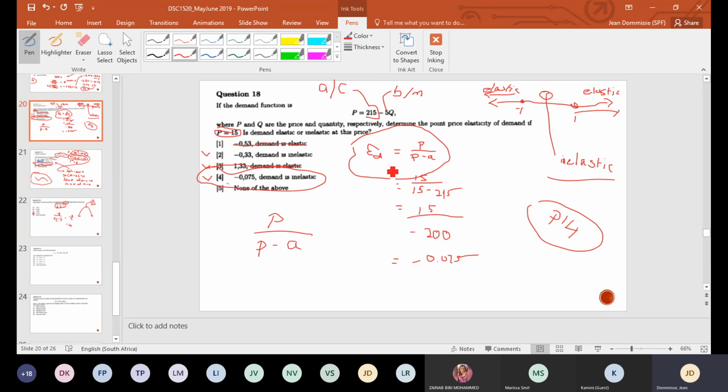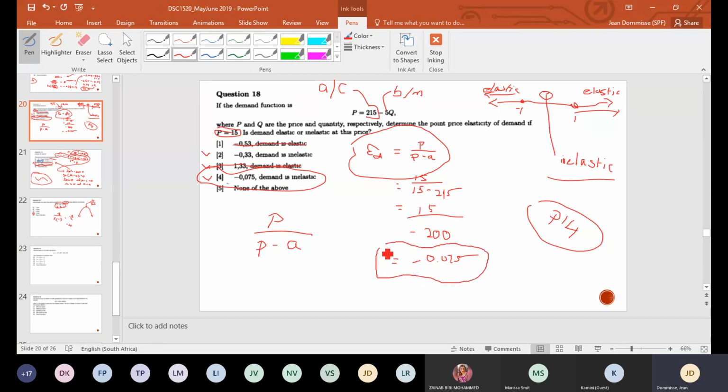So normally you only have 2 numeric answers that you can work out, and then they give you the option of whether it's inelastic or elastic.